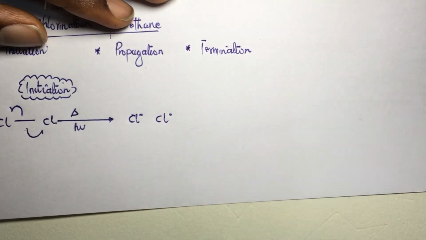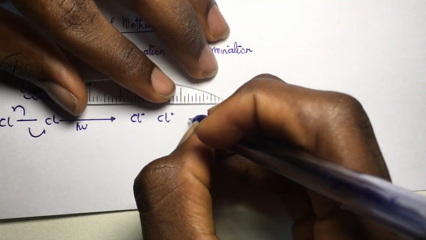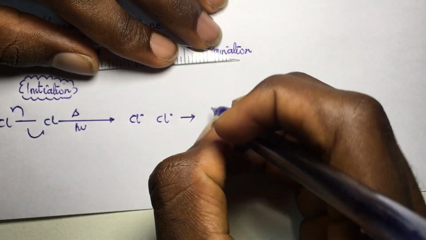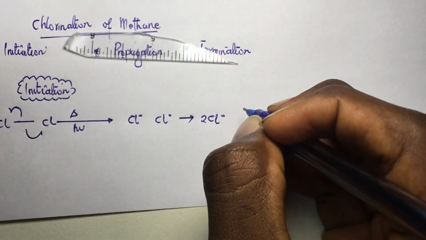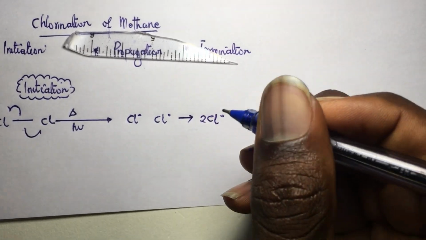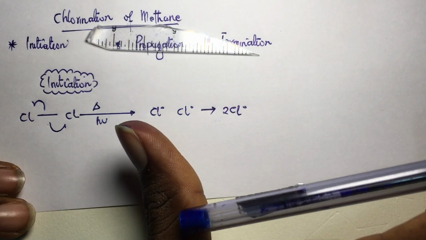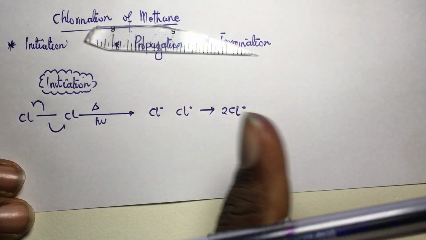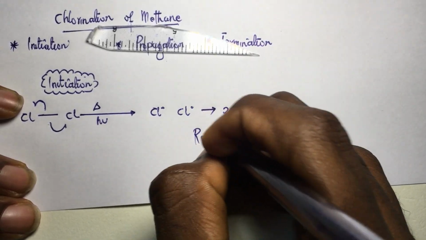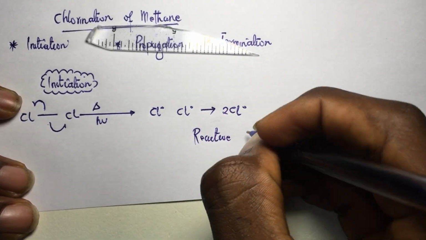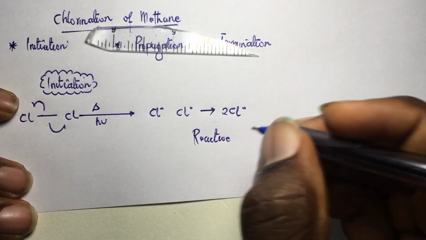I can rewrite this as 2 chlorine radicals, 2Cl dot. Very simple, right? These are our radicals. They are very reactive species. The moment you form radicals, they have a high amount of energy, so they are reactive in nature.